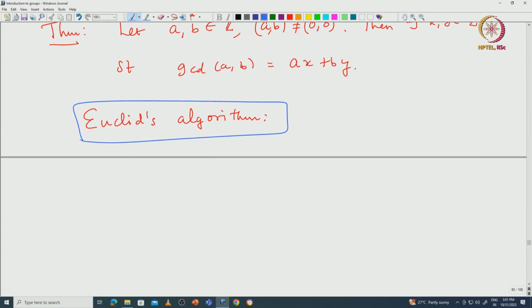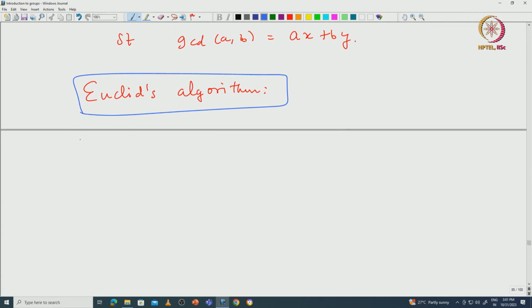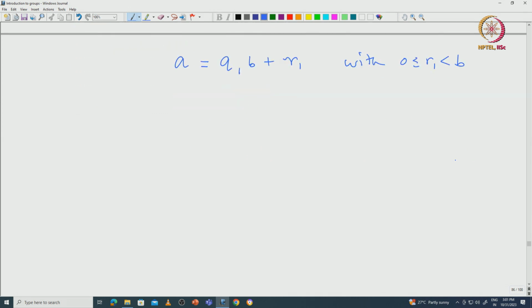Basically, you repeatedly use the division algorithm to obtain a series of equations as follows. You start with A and write A as Q1 B plus R1, with R1 being less than B. Then you repeat this with B and R1. B can be written as Q2 R1 plus R2 with 0 less than or equal to R2 less than R1.